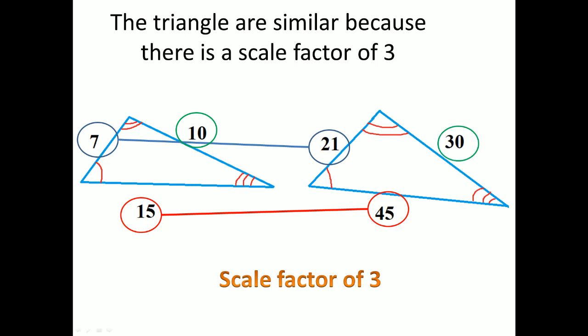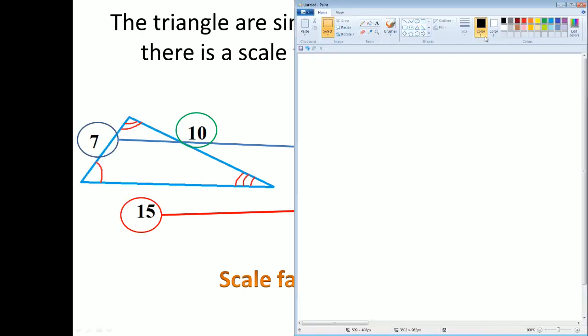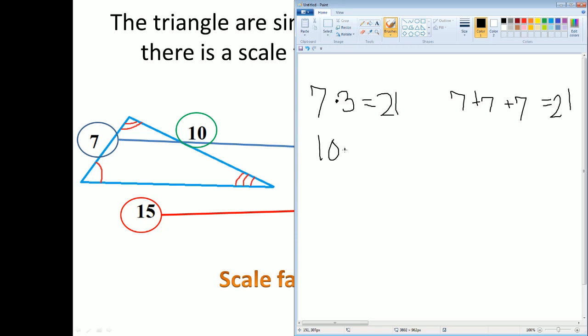Okay? Here, if you would like to see it because you don't believe me, I can show it to you. 7 times 3 is equal to 21. Right? 7 plus 7 plus 7 is equal to 21. Okay? 10 times 3 is equal to 30. How do I get that? 10 plus 10 plus 10.